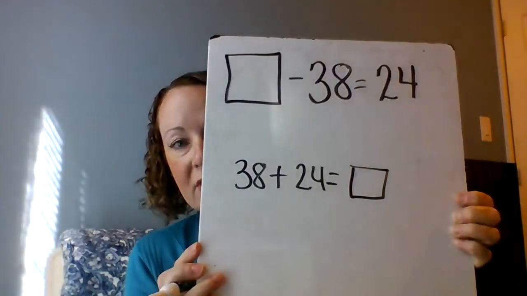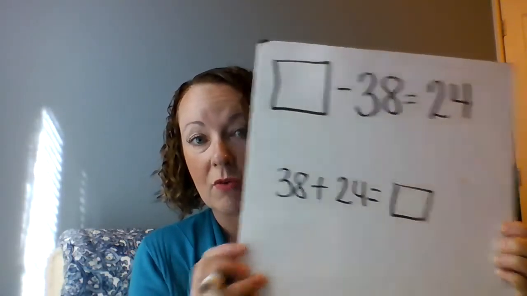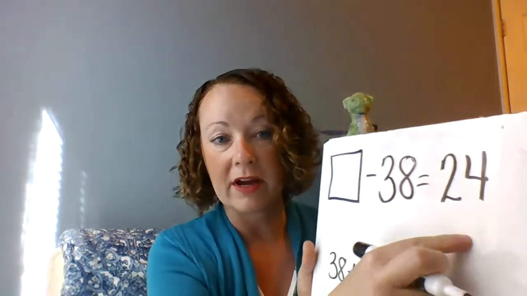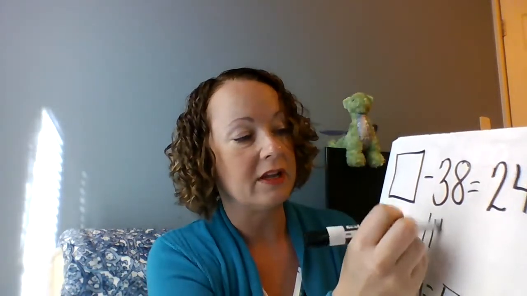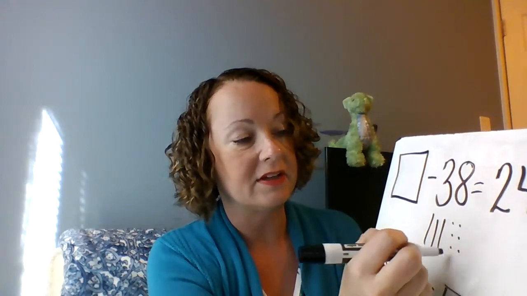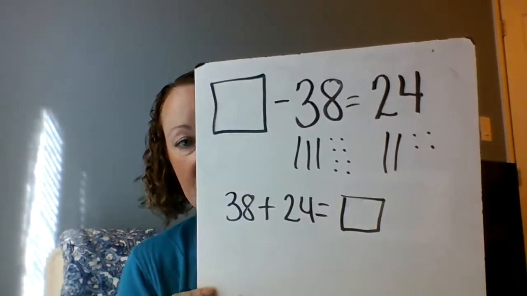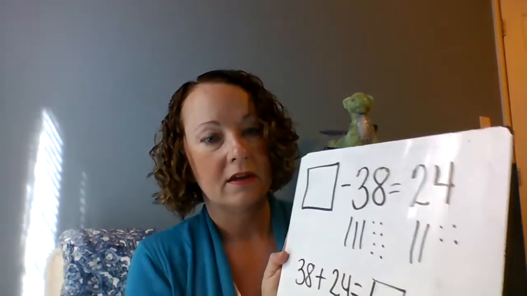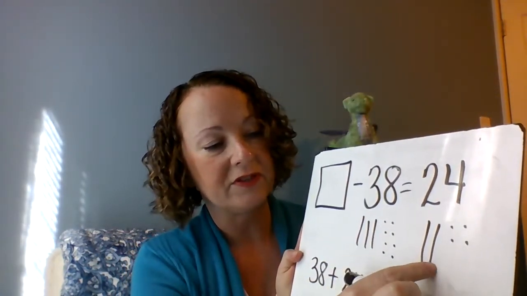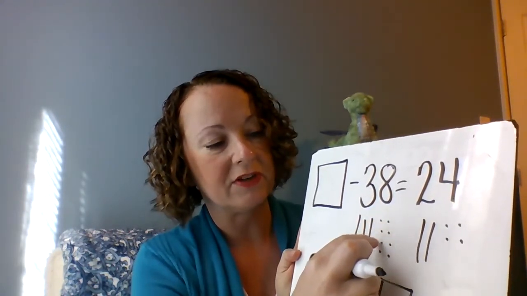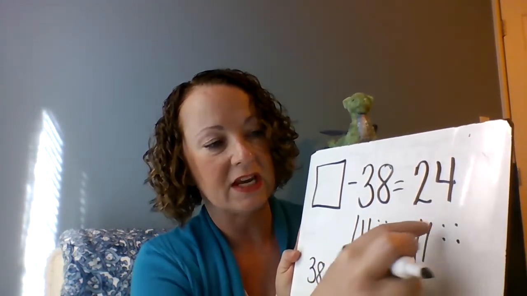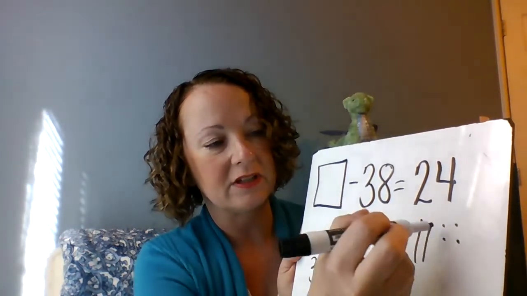Now normally, I would flip this into 38 plus 24 equals box. But if you want to save yourself a step, what you can actually do is just draw it out right under these two parts. 10, 20, 30, 1, 2, 3, 4, 5, 6, 7, 8, 10, 20, 1, 2, 3, 4, and then count it up. 10, 20, 30, 40, 50, 51, 52, up to 62.